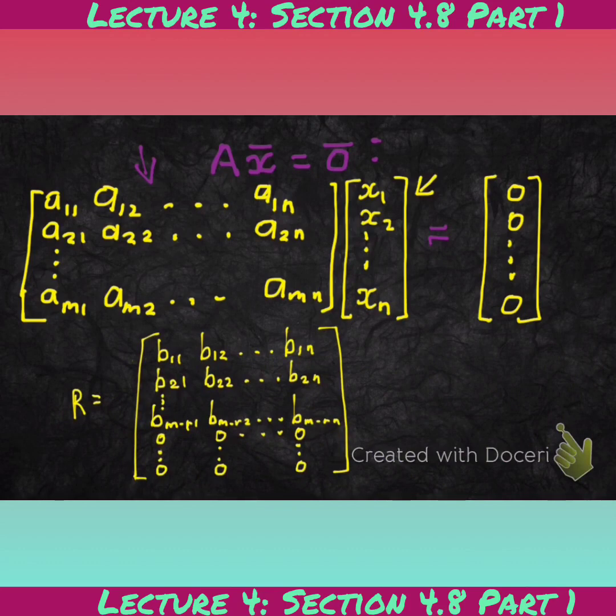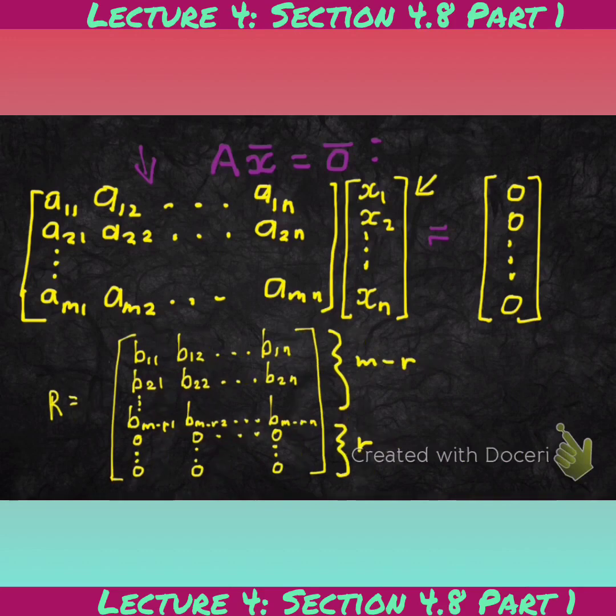And for argument's sake, we've got r zero rows, and we've got m minus r rows with leading ones. Alright, so how did we find our general solution again? We used the reduced row echelon form.